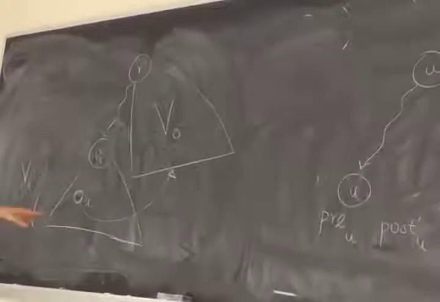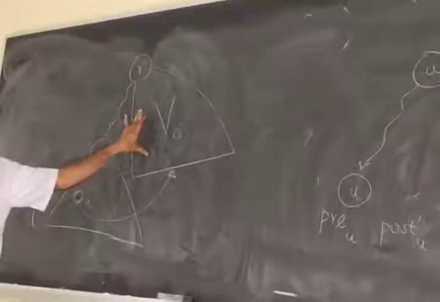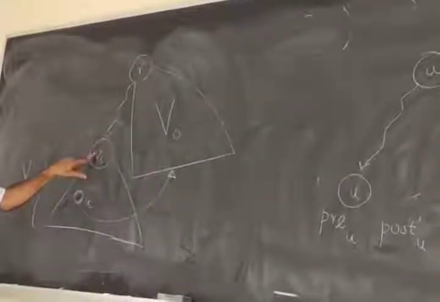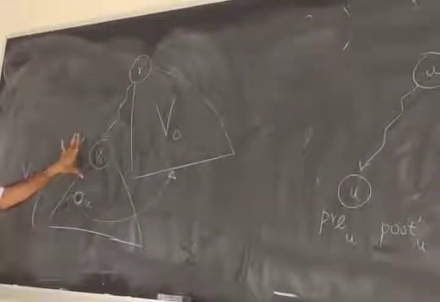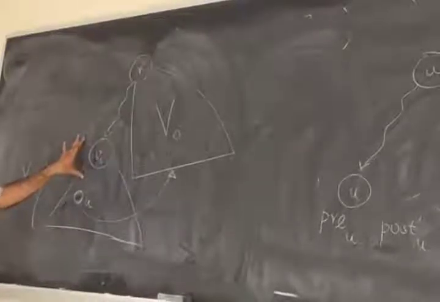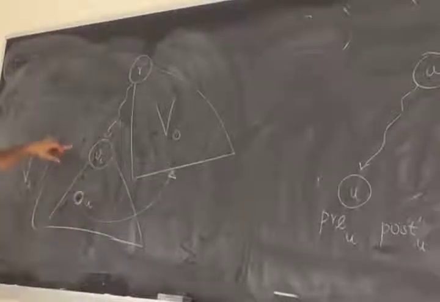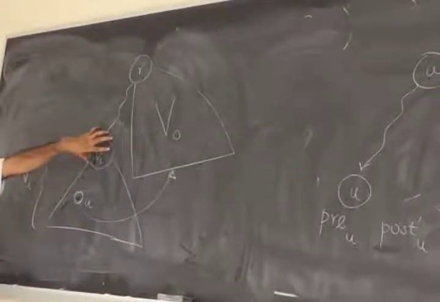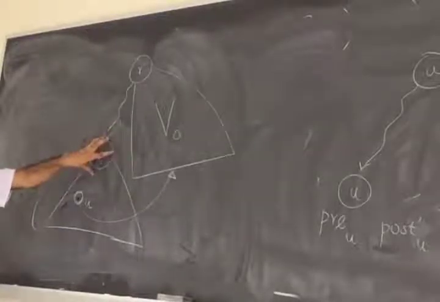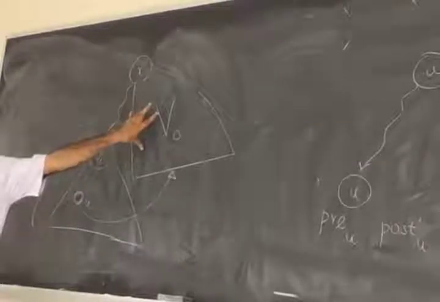So basically what we are saying is that if there is always a way to go from here to here without going through vi, right? That means vi is not an articulation point. Because of the way you construct the DFS tree, vi can be an articulation point only between the nodes here and the nodes there, right?